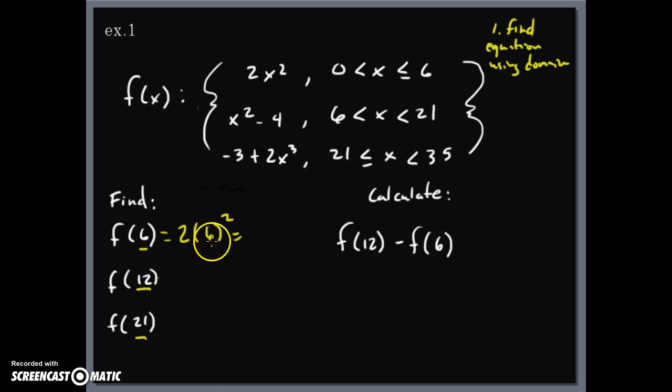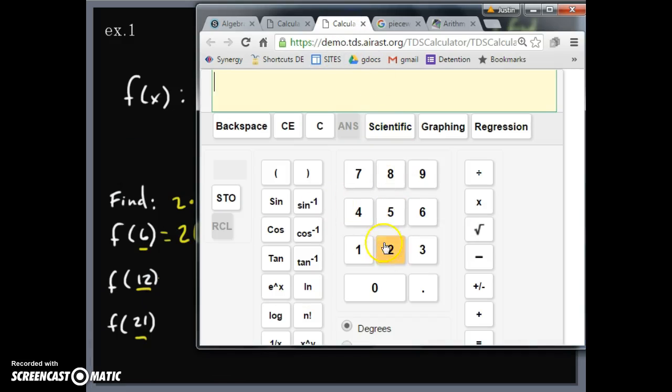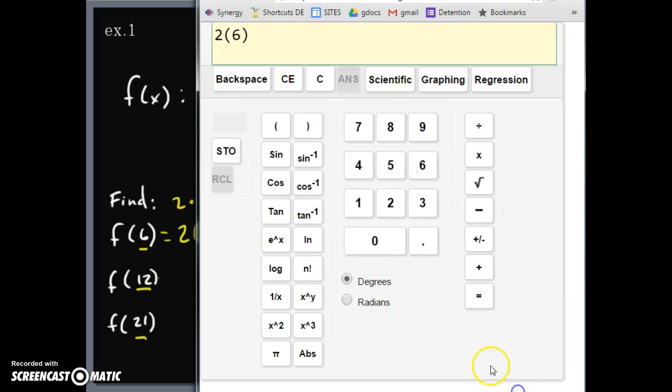So I'm going to square this, and then I'm going to multiply it by 2. 6 squared is 36, and 36 doubled is 72. Just to verify using the calculator, 2 times 6 squared, the calculator's enlarged for some reason, 72.